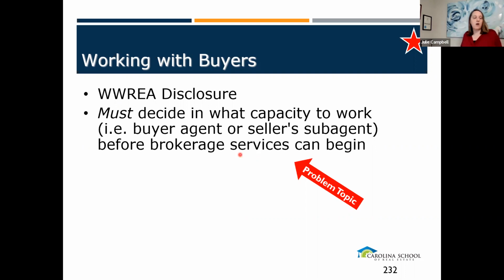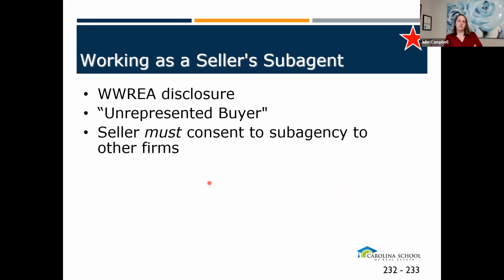But again, we got to know how we're going to proceed so we know what services to offer, so we know what duties. So let's talk first about working as a seller sub-agent. If we're going to work as a seller sub-agent, that means we're working with an unrepresented buyer. That means we have a buyer customer.